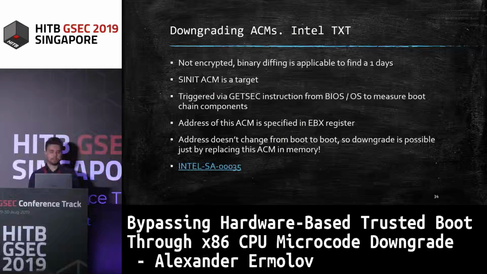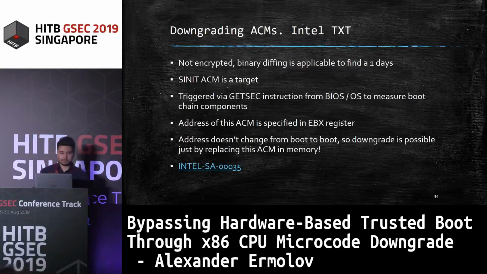The third type of ACMs are TXT ACMs. They are not encrypted. The patched issues in these ACMs could be found by binary diffing. There are also a few advisories and a few known public issues in ACMs. So the general target here is the SINIT ACM that performs some measurement of trusted boot components.